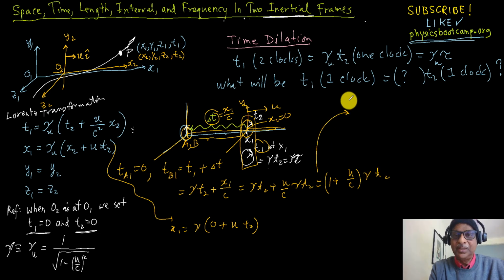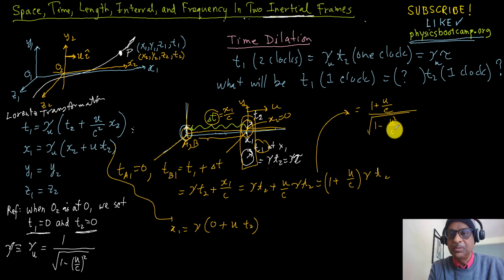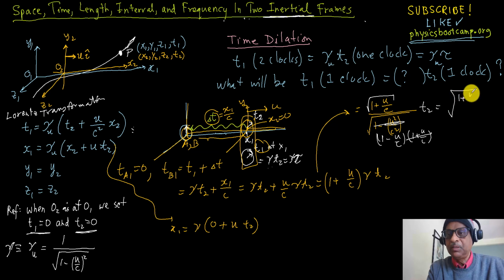And let's see, I can simplify further. 1 plus u over c, and gamma is square root of 1 minus u square over c square. Well, I can actually write this guy as 1 minus u over c, 1 plus u over c. So this under the square root, so this will become this, and that's t2, and so this is square root of 1 plus u over c, 1 minus u over c, t2.